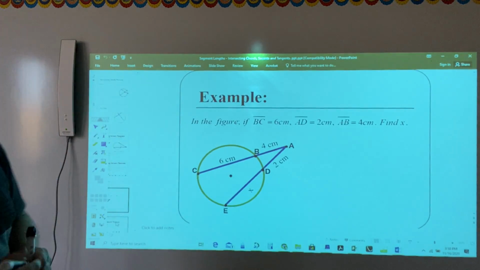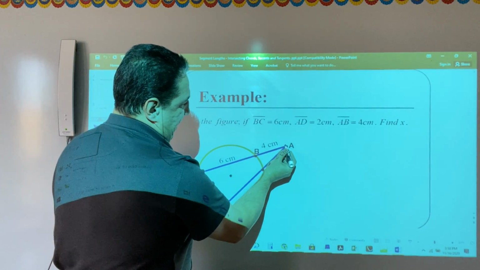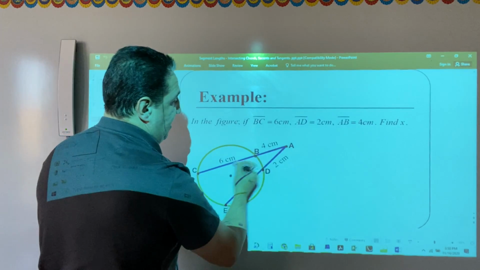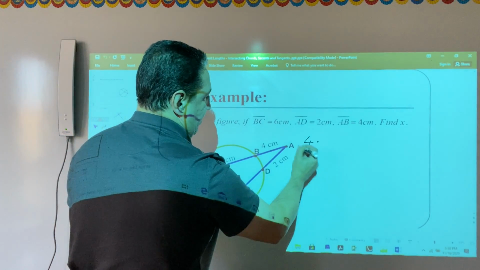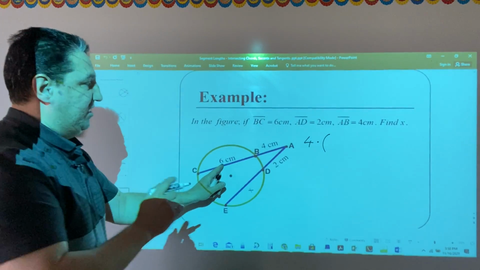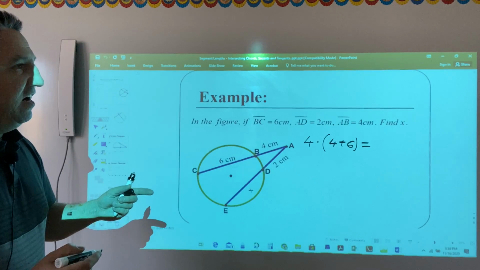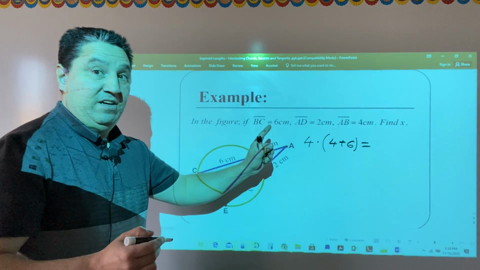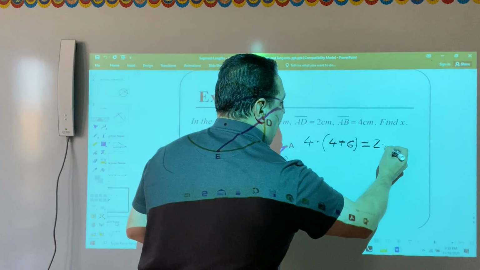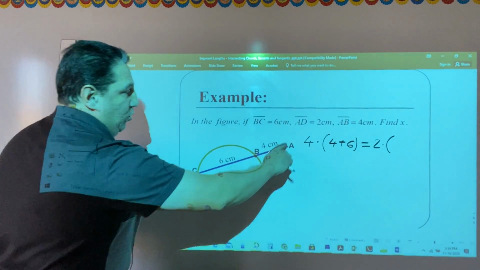As we know, according to the previous slide, the product of the external segment of the first secant, which is 4, times the length of the secant AC, which is 4 plus 6, equals the product of the external segment of the other secant, which is 2, times the total length of the other secant, which is AE.